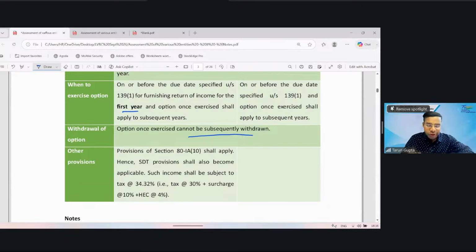Now, the provision of Section 80IA(10). What is that? What happens is that there is a person who has this cooperative society which is eligible for the concessional tax rate of 15% under Section 115BAE. Here, some other entity is also doing the business, and that entity will be taxable normally at a higher rate. Okay.